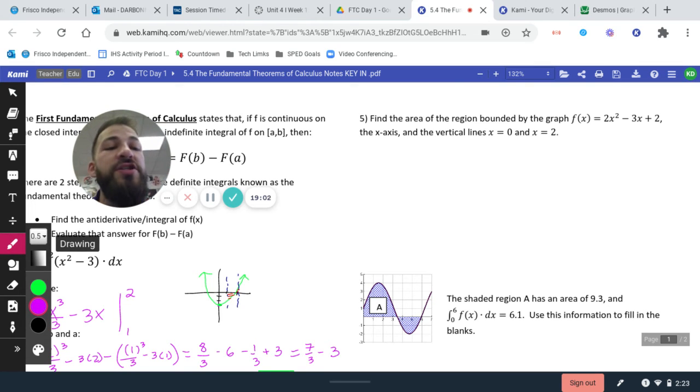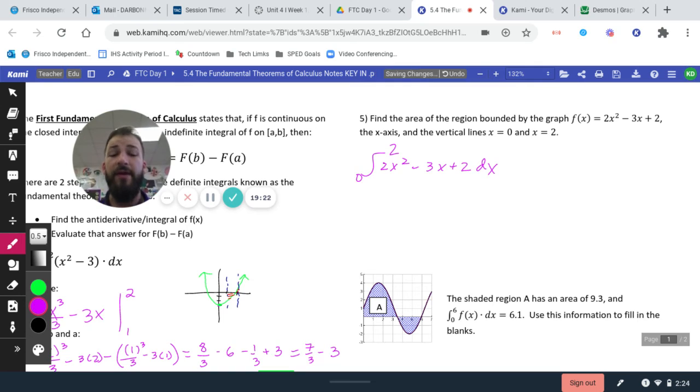So our function is 2x squared minus 3x plus 2. We're integrating from 0 to 2. And it's over the x-axis, so it is dx. Okay, so that just looks like any other fundamental theorem of calculus question.